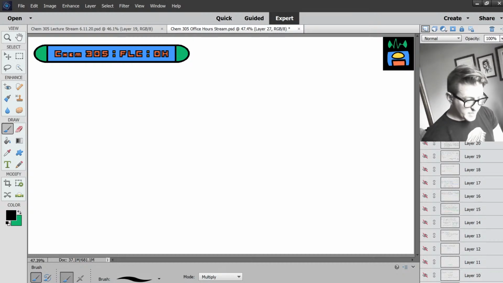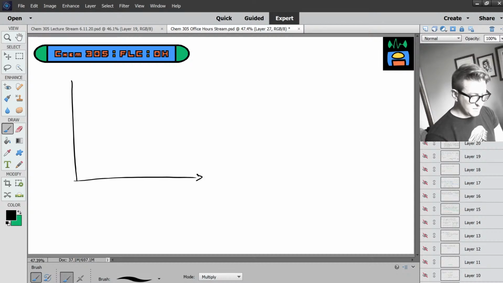Or the other way to do it is you can plot it out, and you've got 4 data points, right? 1, 2, 3, and 4.